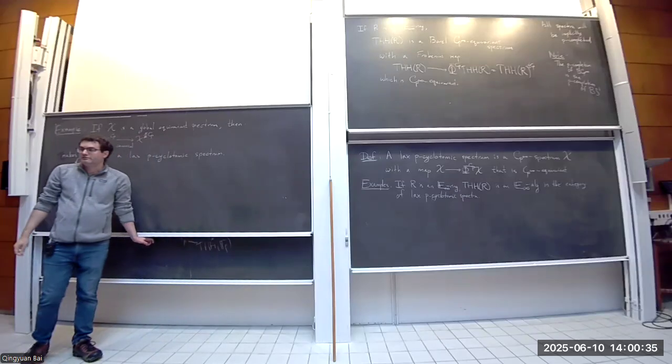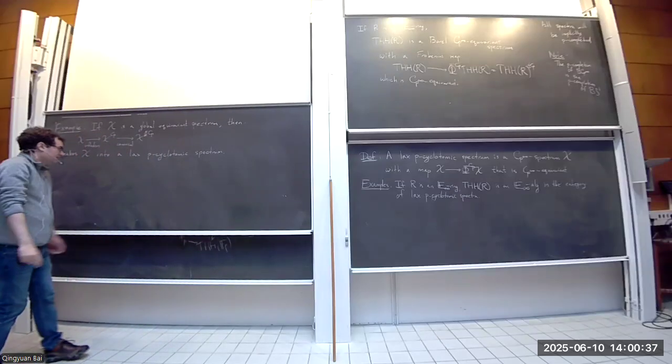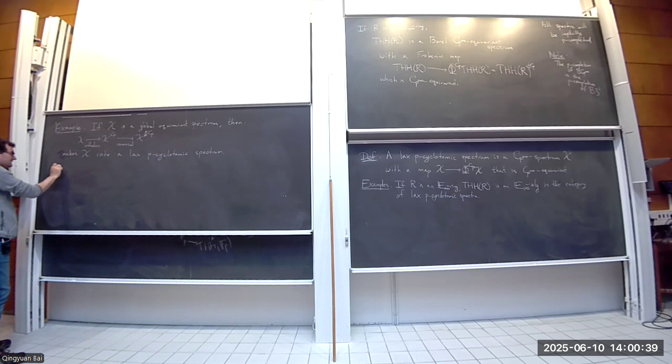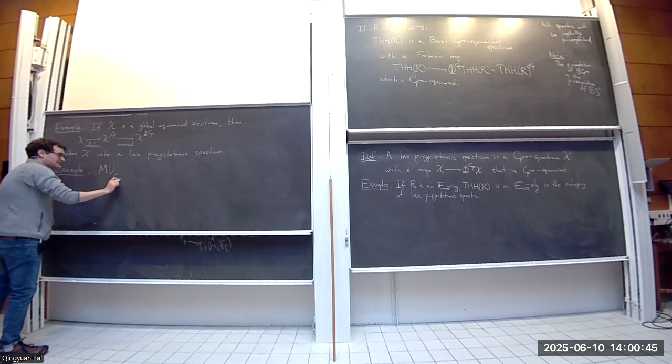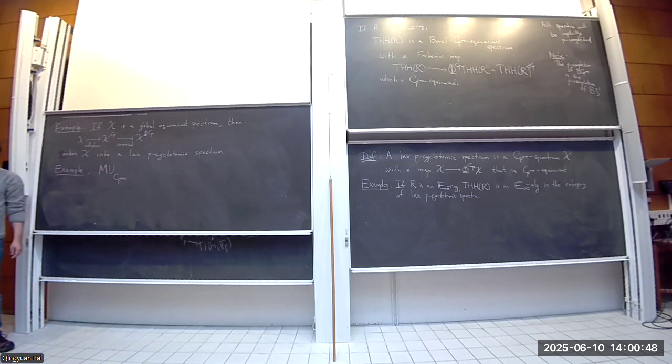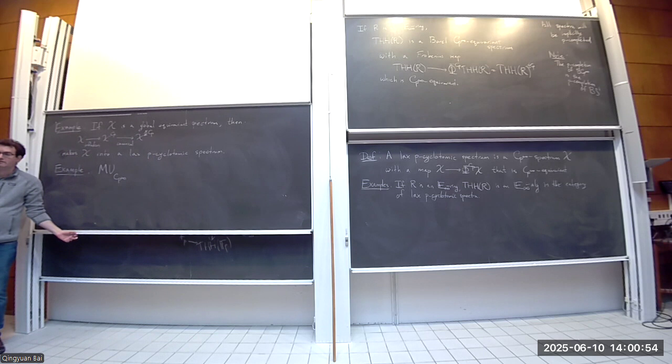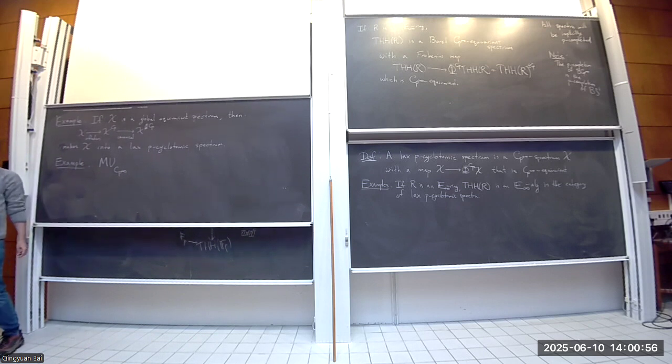We're just using the inflation map. And the example that I want to keep in mind here is MU of CP to the infinity. There's a thing that was very important to classical, non-equivariant homotopy theory called MU.